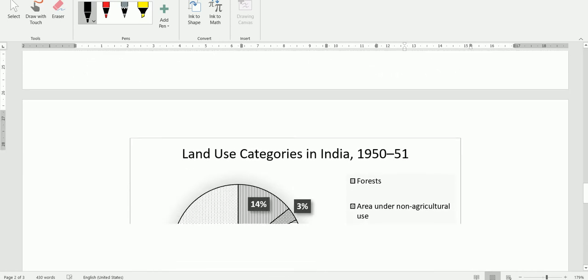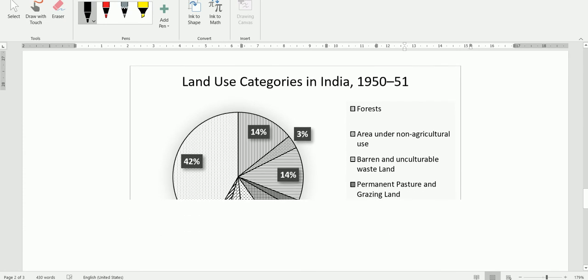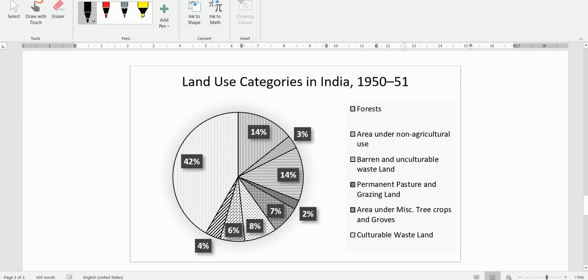And here we have the pie diagram. Do not forget to write the title of the diagram at the top. This is the first pie diagram, and as usual the size is according to the size of your paper, size of your practical notebook. You have to draw 2 pie charts on a sheet of paper.